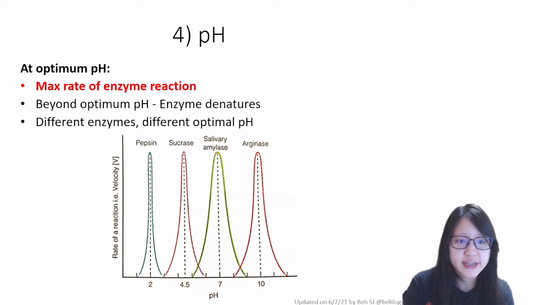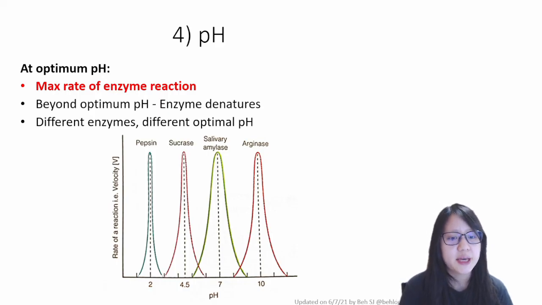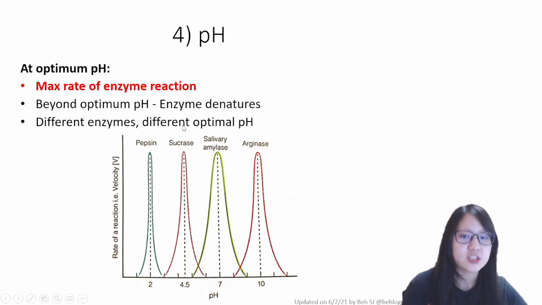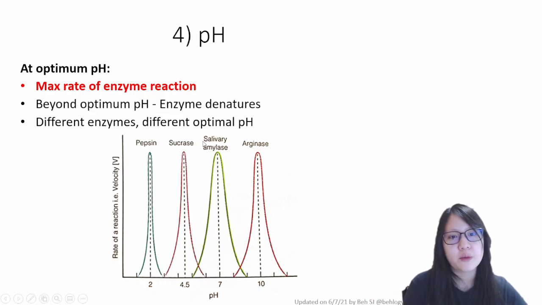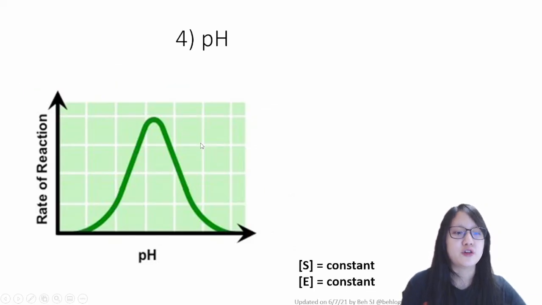Pepsin, sucrase, amylase, arginase, they all have different optimum pHs in your body. Okay, different enzymes, different optimal pH, different enzymes, different optimal temperatures as well. So yeah, don't take it for granted.